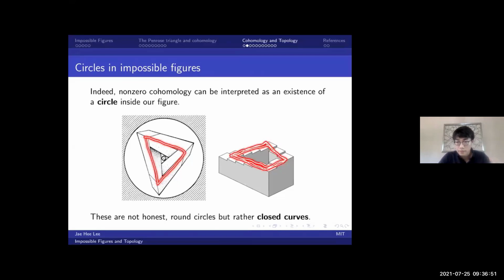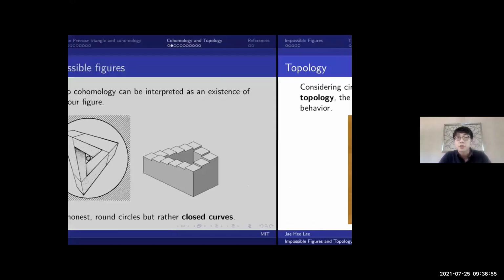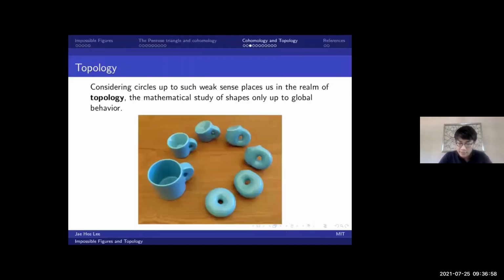And that brings us to this notion of topology. We weren't considering honest circles, but now we're just looking at closed curves and calling them circles. That classification of shapes in this weak sense, where we do not care about the local computation, how round the circle is, what the radius is, whatever.